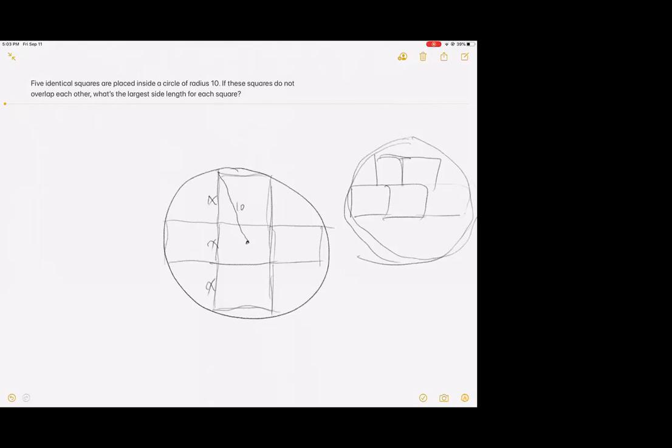3x over 2 is one side of it, and the other side is x over 2. So this side is 3x over 2, and the other side is x over 2.